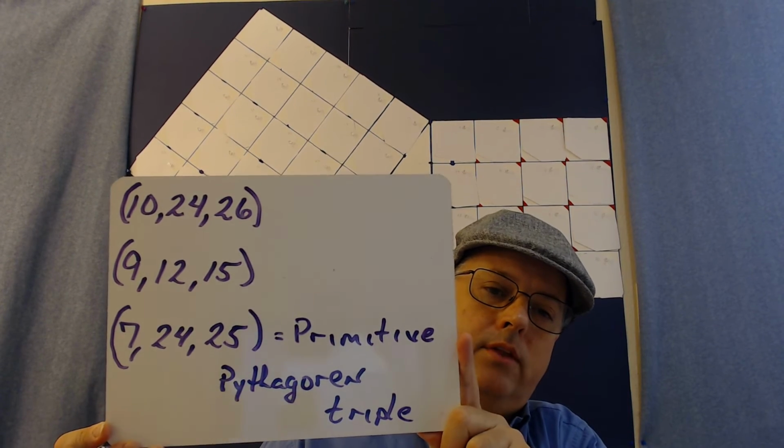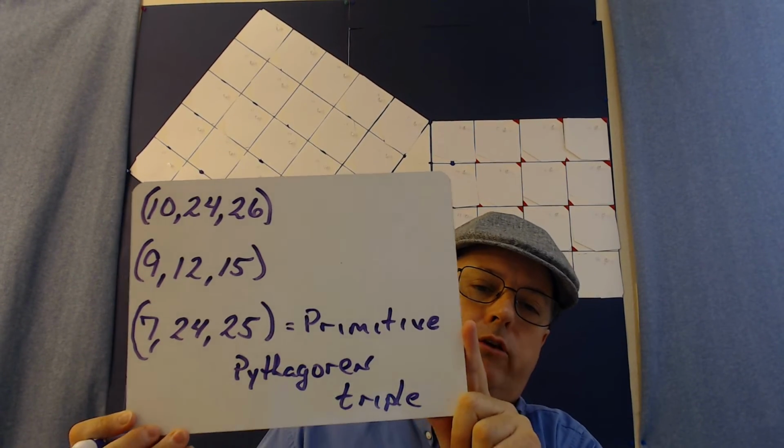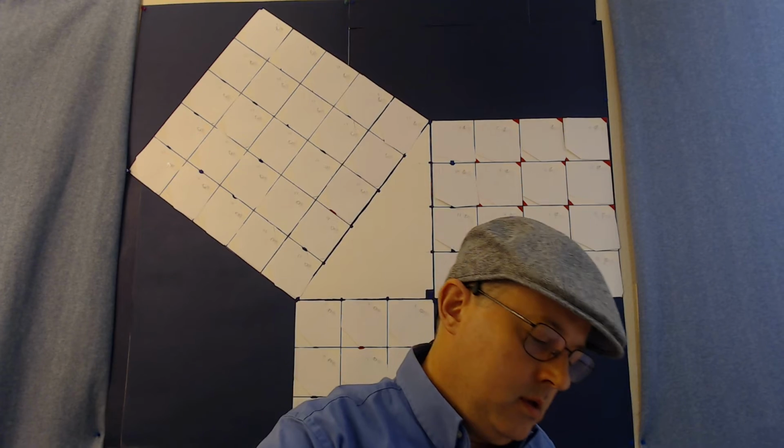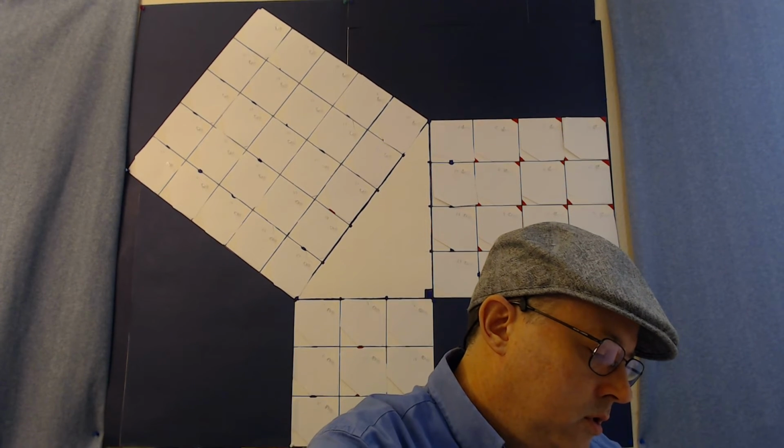Right. Now the other two Pythagorean triples are not primitive. They are multiples of a primitive Pythagorean triple.